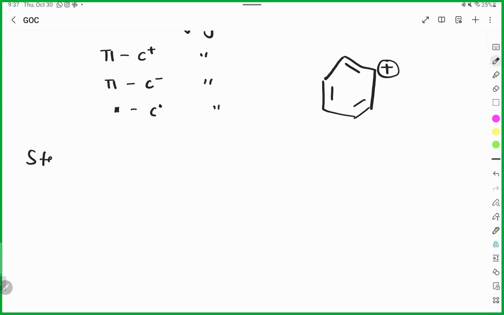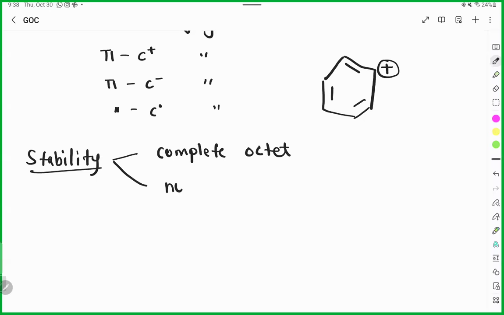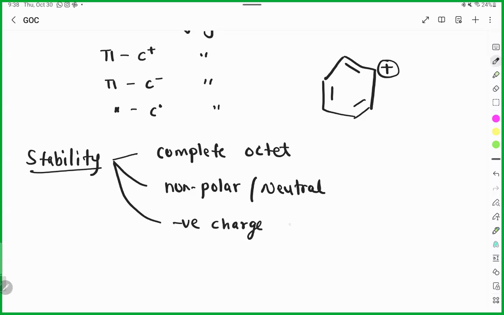Stability: see how resonating structures increase stability. There are a few rules. If you have a complete octet, then the molecule is more stable. If it is non-polar or neutral, it is more stable compared to a charged molecule. If a negative charge is present on a more electronegative atom, it is more stable.